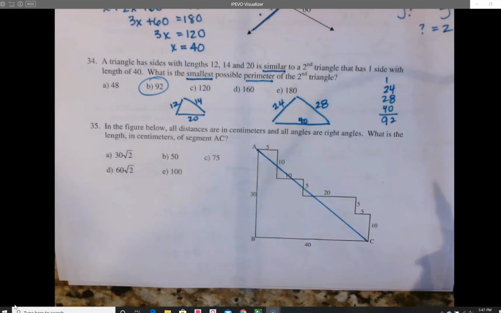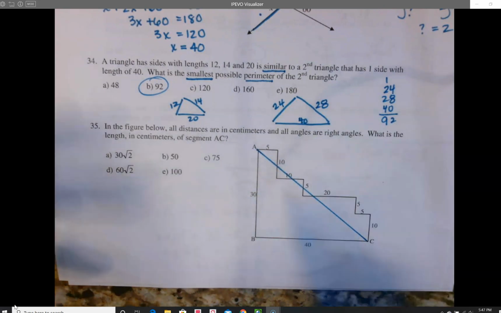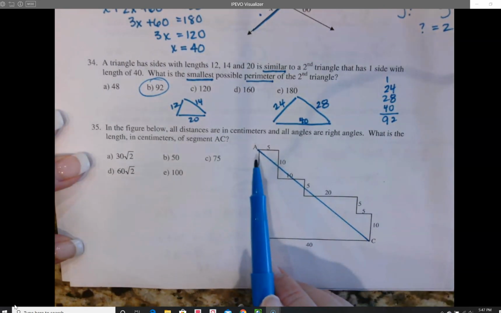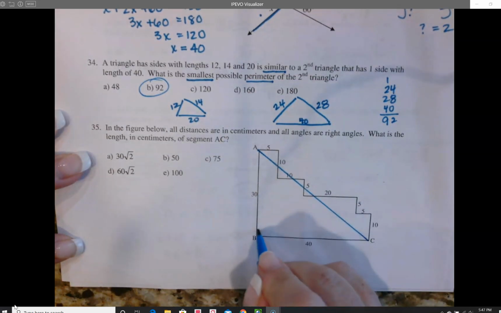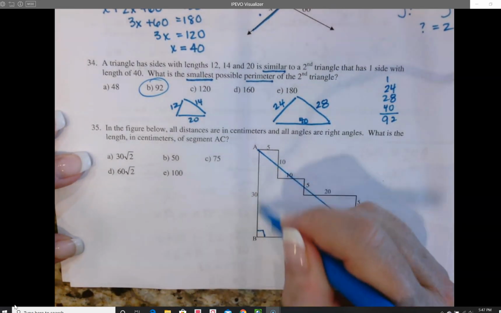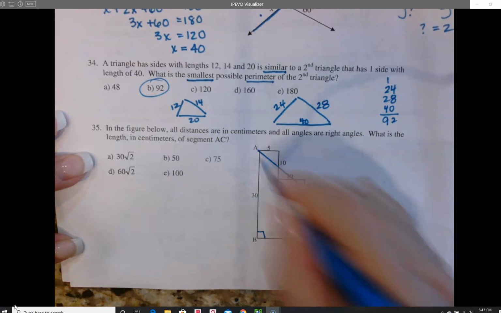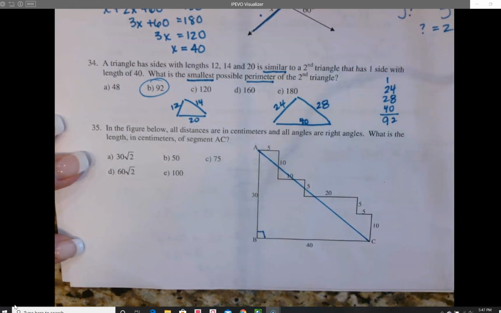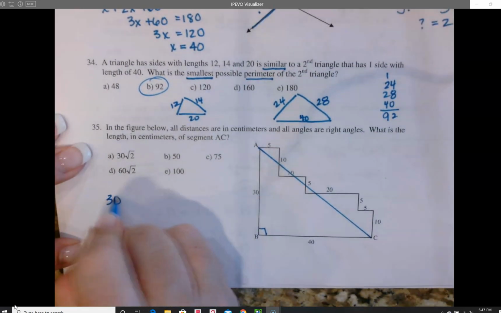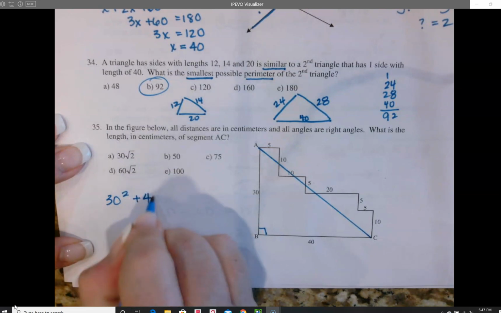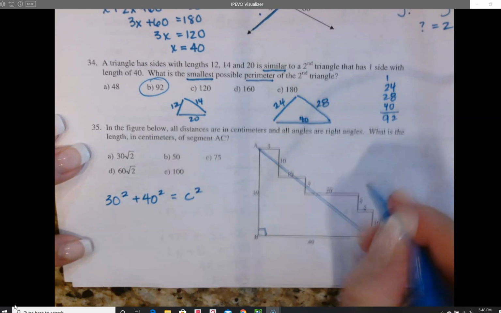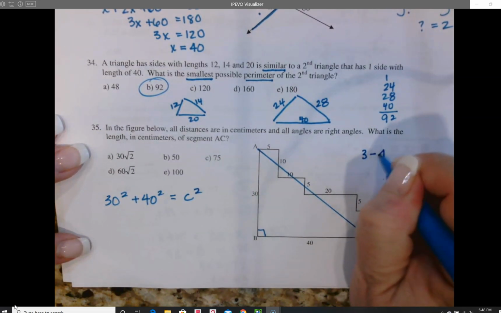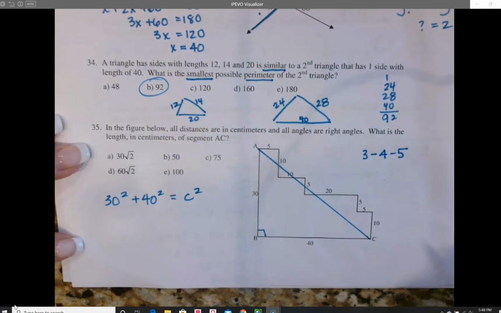So the point being, we don't need to know all this stuff. We just need to see that here's a right triangle. We've got a 30 and a 40. And what is AC? So if you remember what I said about Pythagorean triples, the most common Pythagorean triple is a 3, 4, 5.